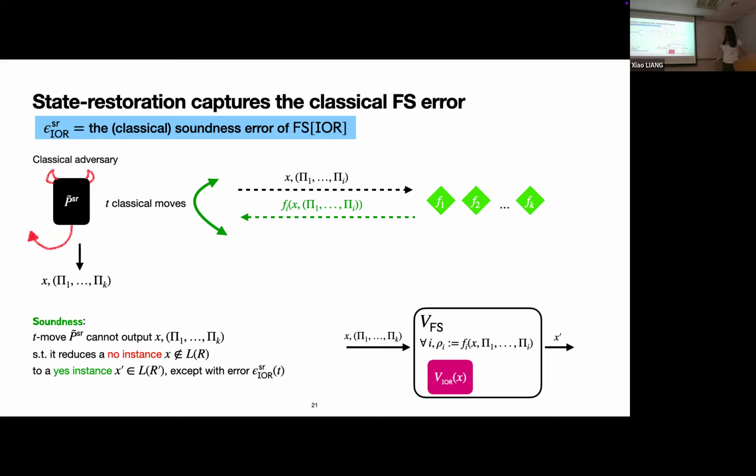Oh, sorry. Yes. Why do you have k oracles? I think I missed this one. Usually you have a different Fiat-Shamir oracle for each round of the IOR. So each F_i is the FS oracle for the ith round in the IOR. Is this also true in LP?